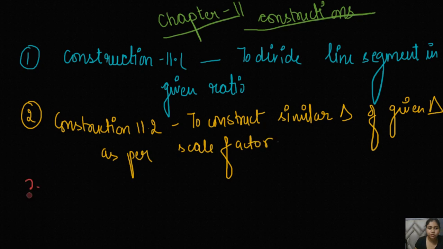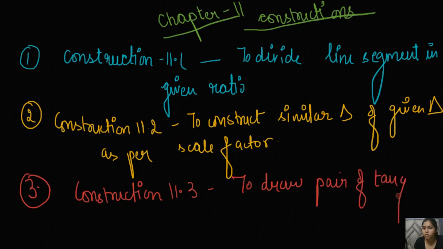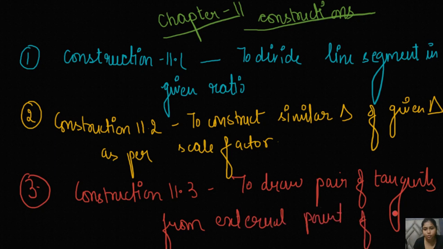Our third is construction 11.3, that is to draw or construct the pair of tangents from the external point of the circle. I hope that's clear to you.